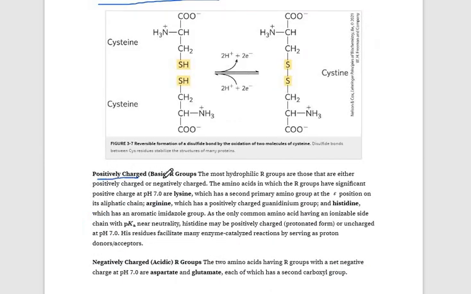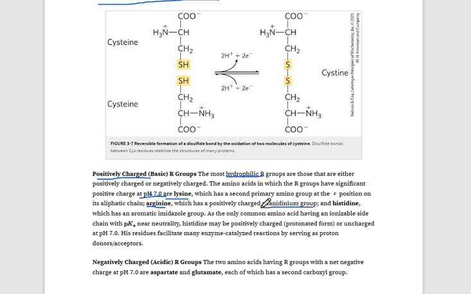Positively charged basic R groups. The most hydrophilic R groups are those that are either positively charged or negatively charged. The amino acids with such R groups have a significant positive charge at pH 7.0. They are lysine, which has a primary amino group at the epsilon position on its aliphatic chain, and arginine, which has a positively charged guanidinium group.